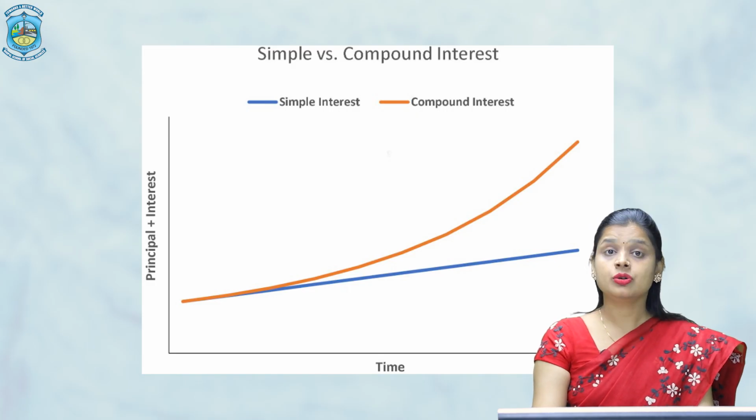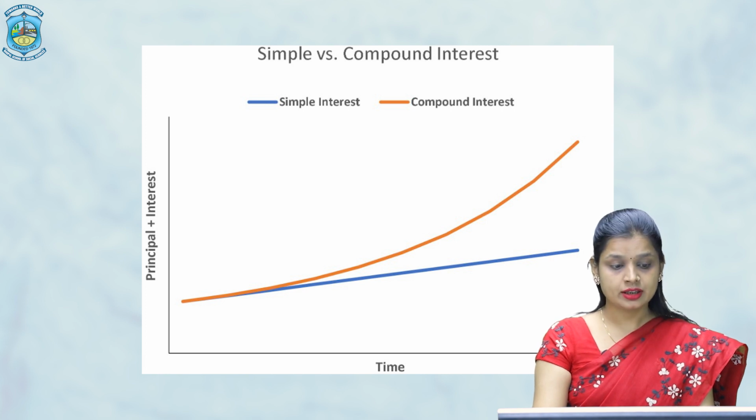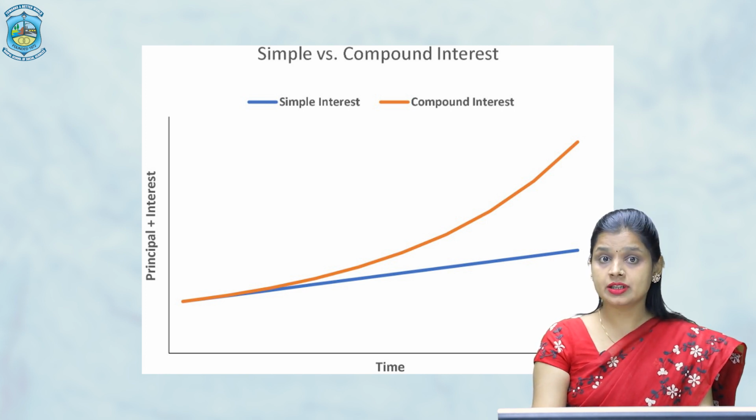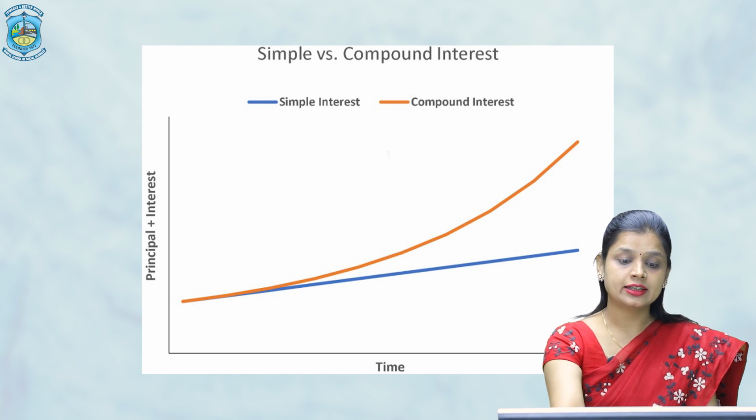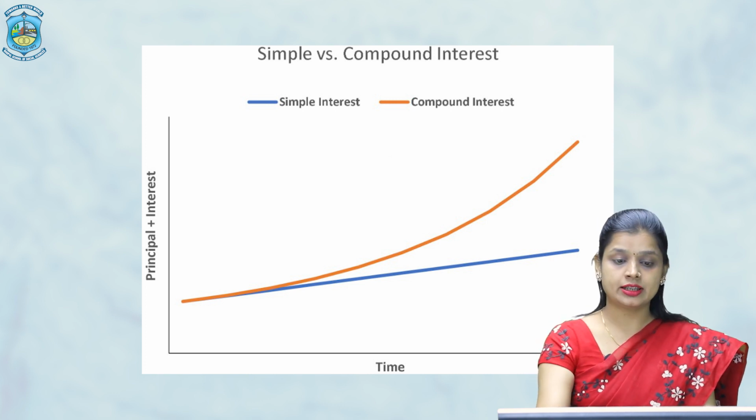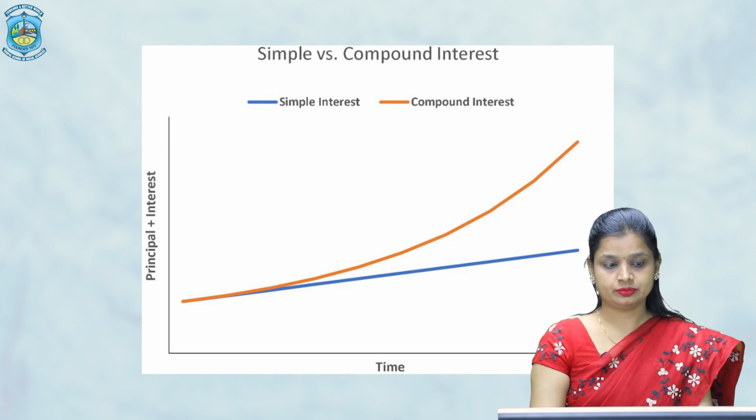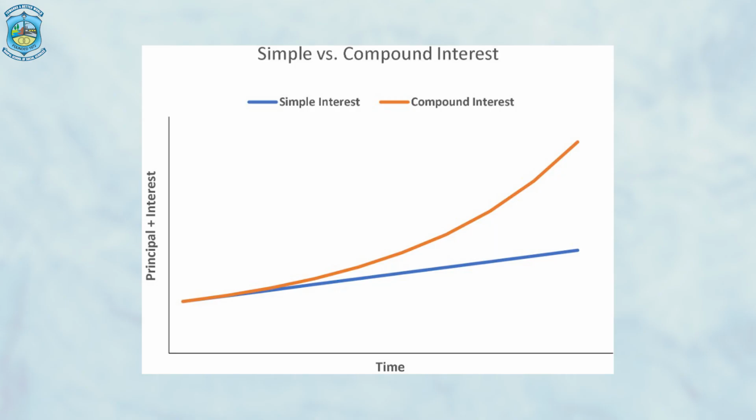Next, we will see simple interest and compound interest by a graph. This graph shows the growth of simple interest and compound interest. Simple interest is represented by the blue line and compound interest is represented by the orange line. Here you may see the growth in the amount, that is, principal plus interest, with respect to time.